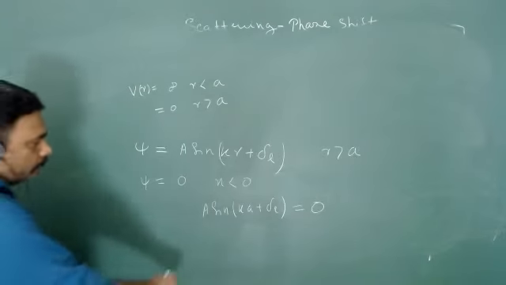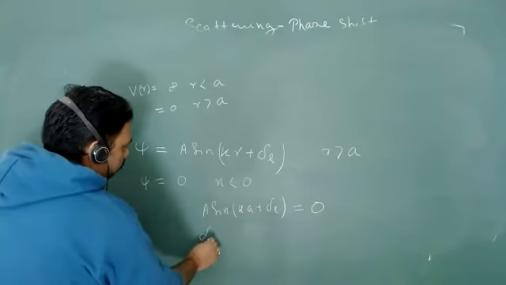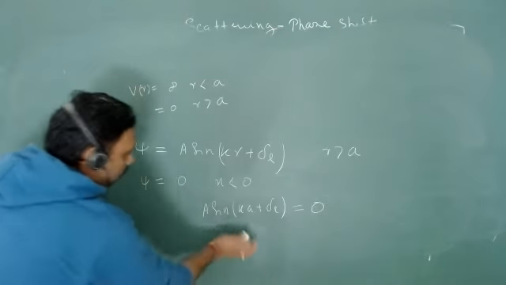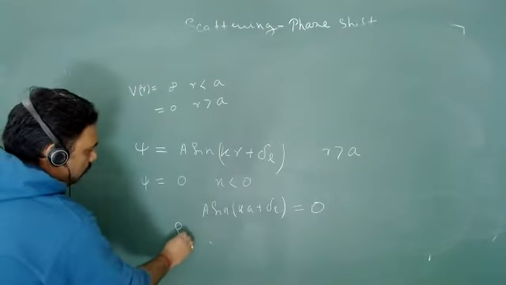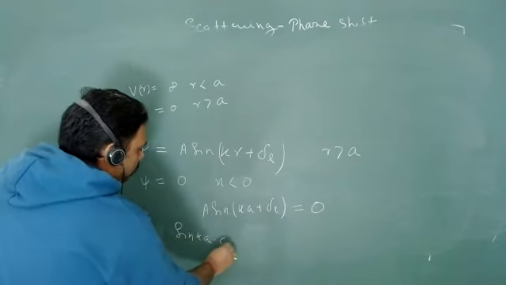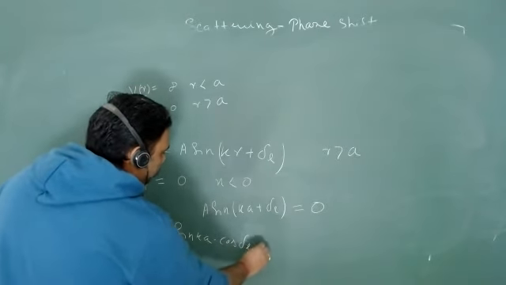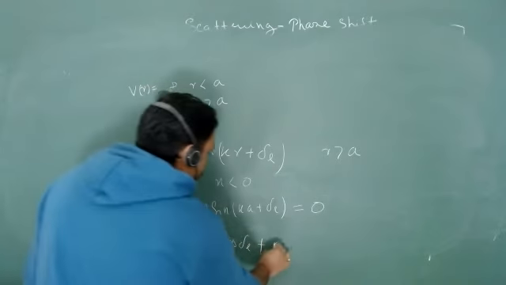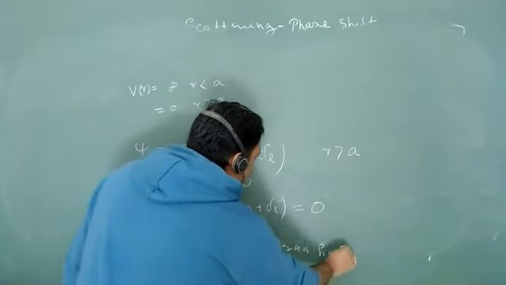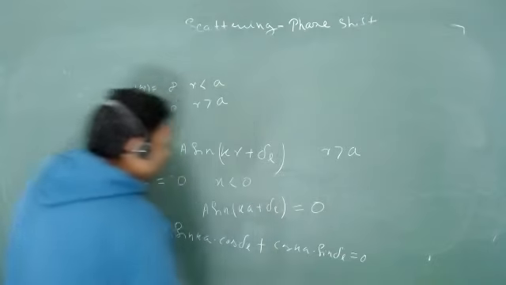What is delta L? If you open the sine, it will be n pi. So sin ka cos delta L plus cos ka sin delta L must be equal to 0.